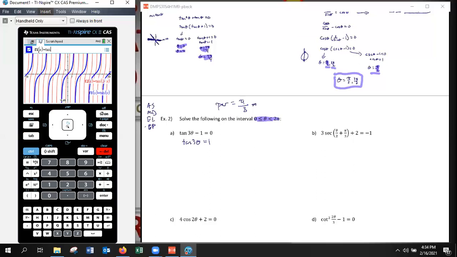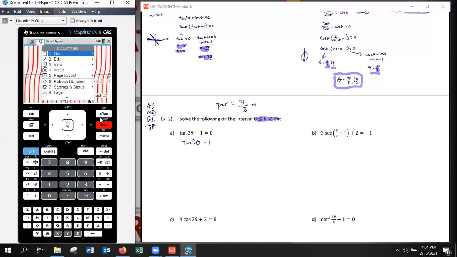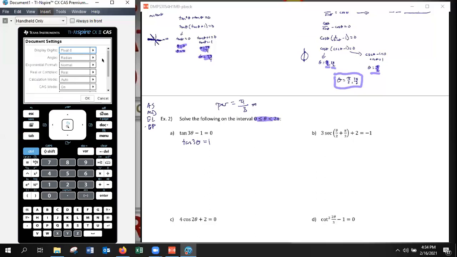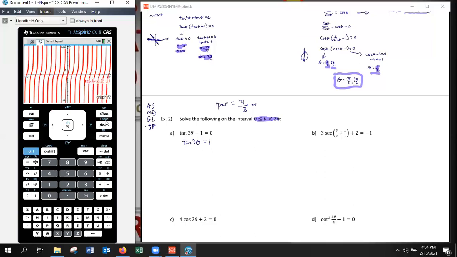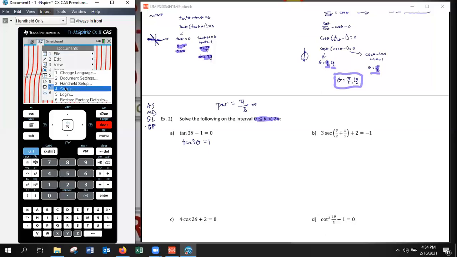I'm going to delete this graph, and I'm also going to change the settings just so it doesn't look quite so busy. I think I'm in the wrong menu here. Document settings. No, I take that back.